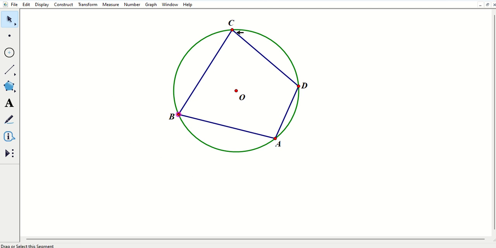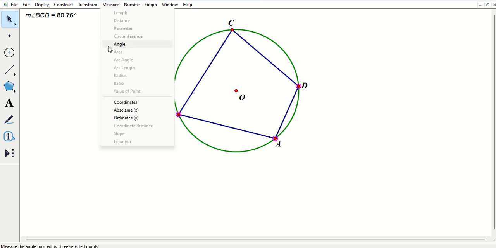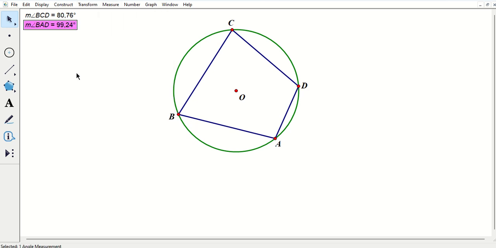If I measure this angle C, angle C is 80.76 degrees, and then if I measure angle A, that is 99.24 degrees.